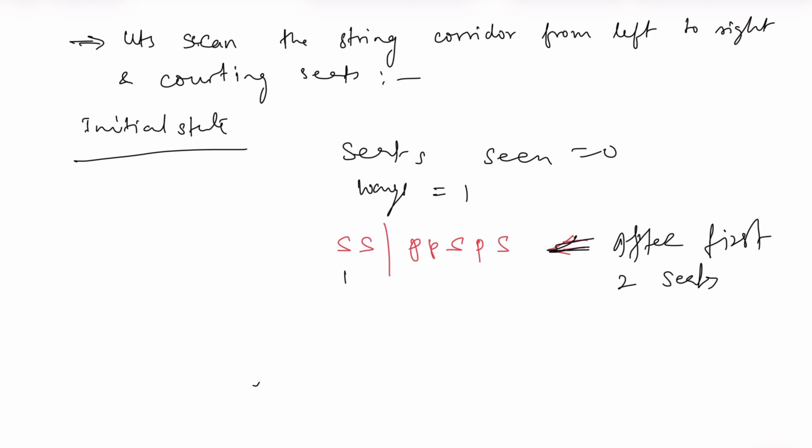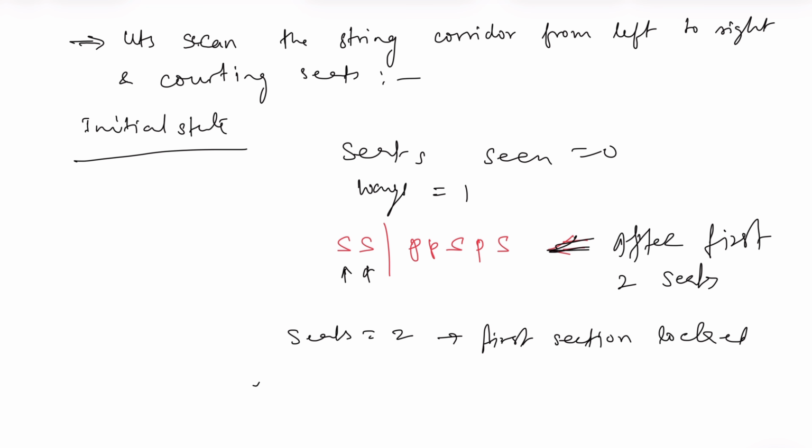So these two seats I'm talking about. Once we observe the first two seats, we place the divider, and the seats are 2, so we say the first section is locked.